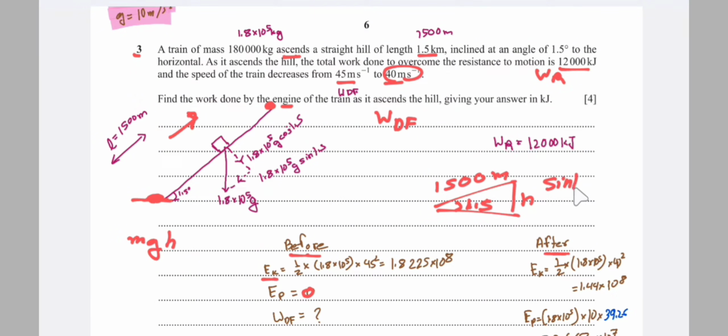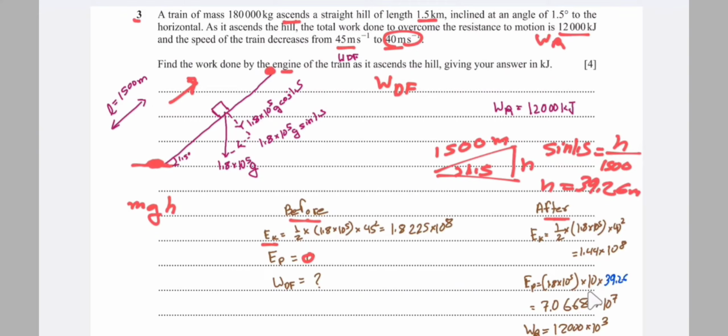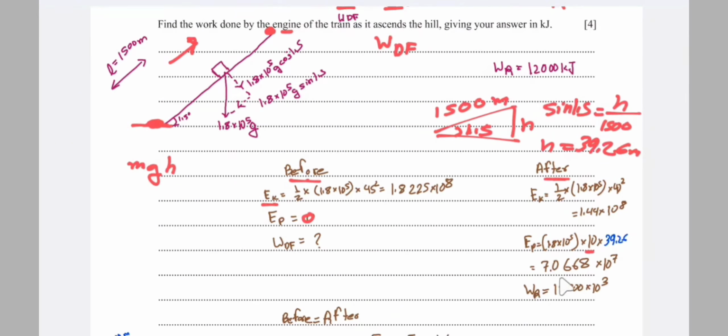Sine 1.5 is equal to height by 1500. So the height comes to 39.26, that is the vertical height. So gravitational potential energy is mass into gravitational force into height, and the gravitational force is 10. So we know the gravitational potential energy.